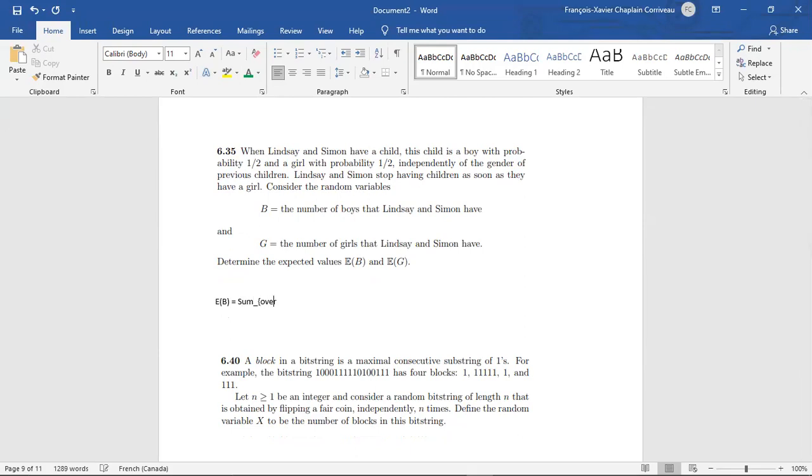It's the sum over the range of B. I know I'm dealing with integers, so I'm just going to say integers from k equal to 0 to infinity, because I could go on forever, of k times the probability that B is equal to k.